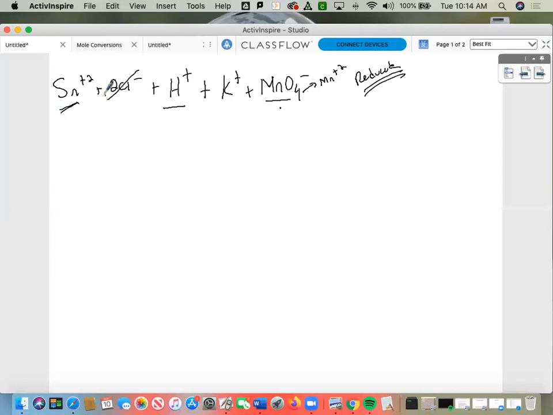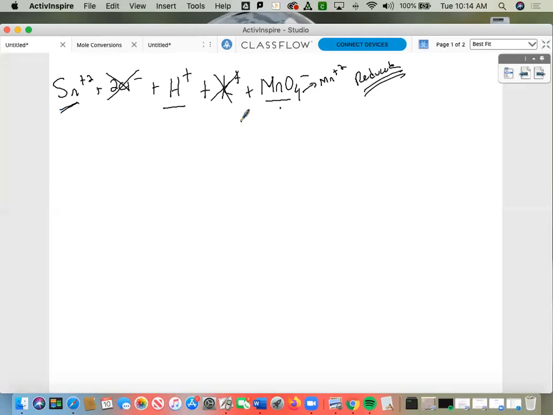That's why I'm not even considering these spectators. When you have potassium, an alkali metal, and when you have chlorine, chlorine will only be involved if there isn't something else there to be involved. So let's say that there wasn't any tin, well then chlorine would be involved, but there is. Because the tin is there, tin is more likely to be oxidized than chlorine is. Chlorine's a nonmetal, it would more likely gain electrons.